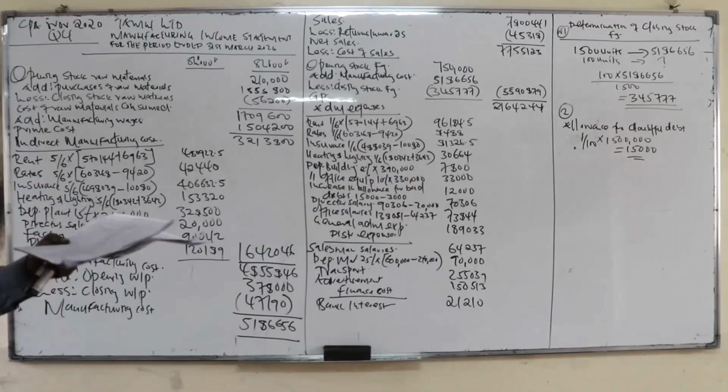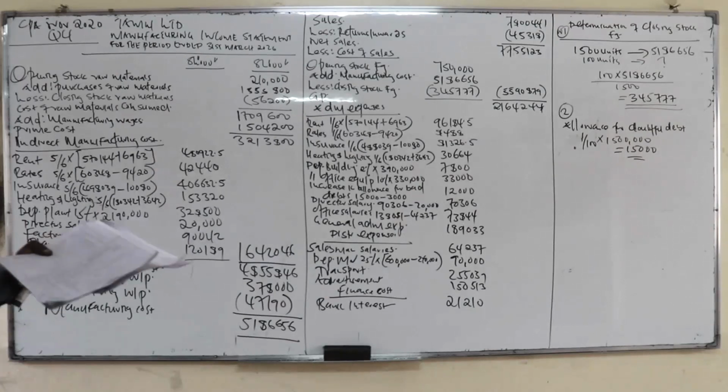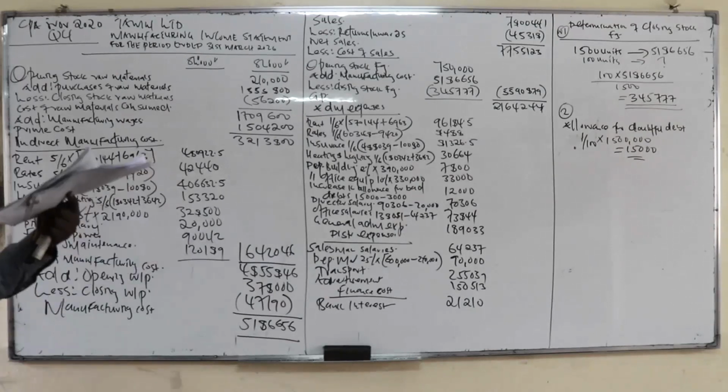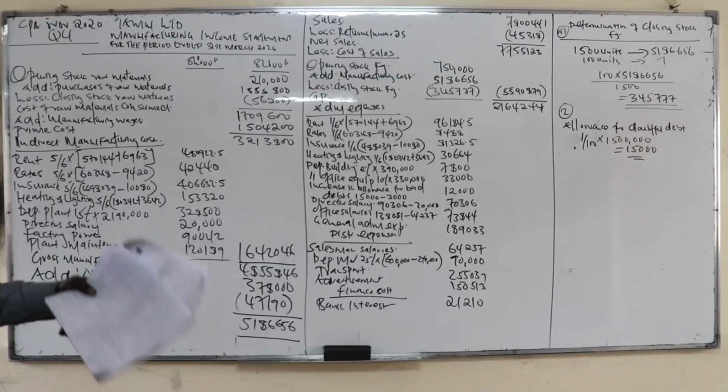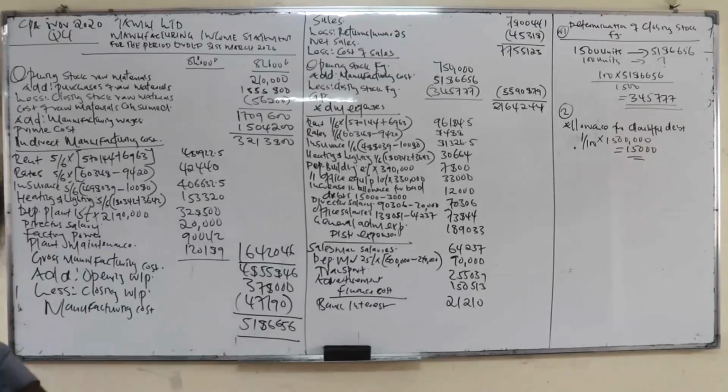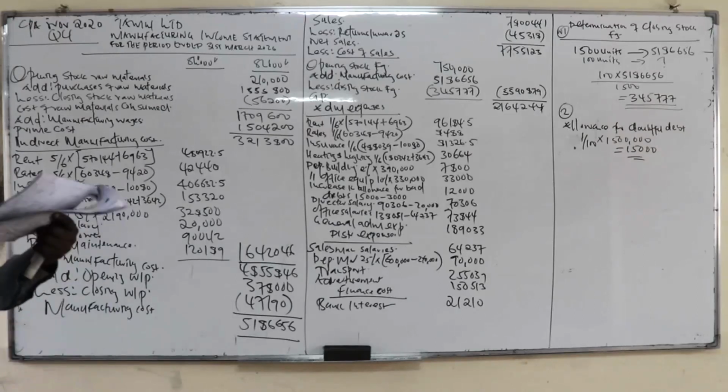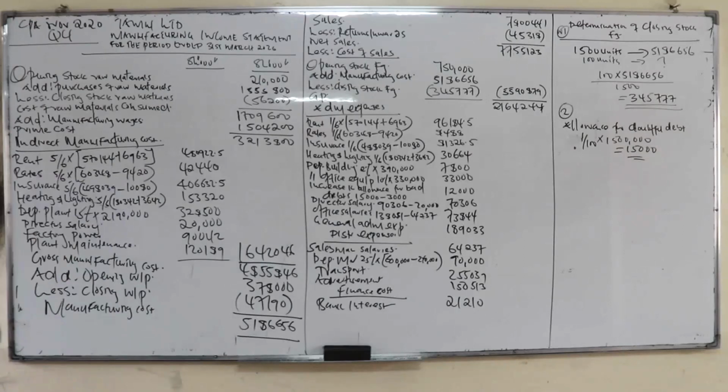What else? $21 to 10. So we have exhausted all the expenses, isn't it?